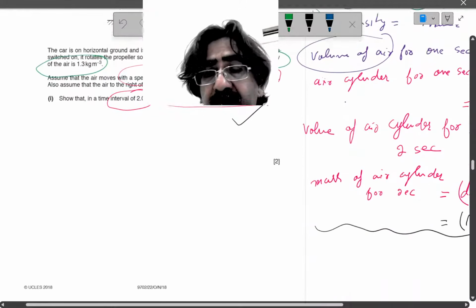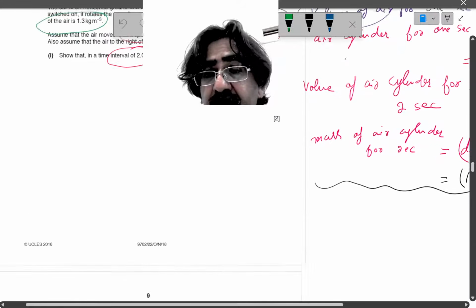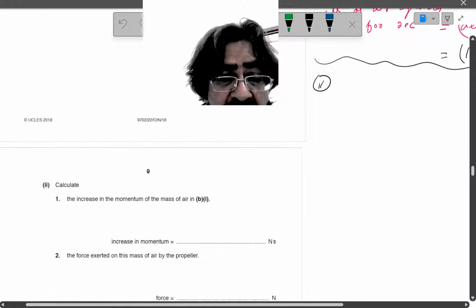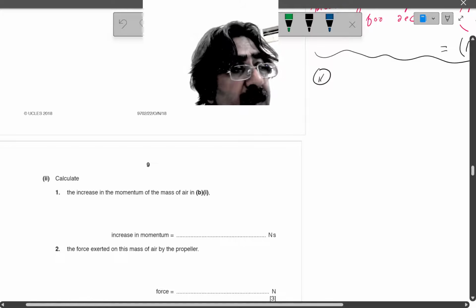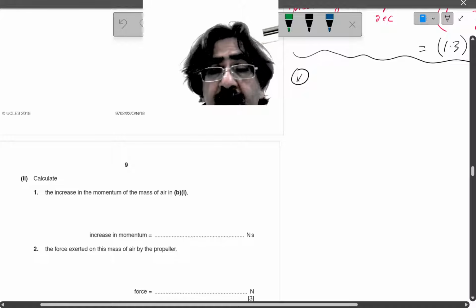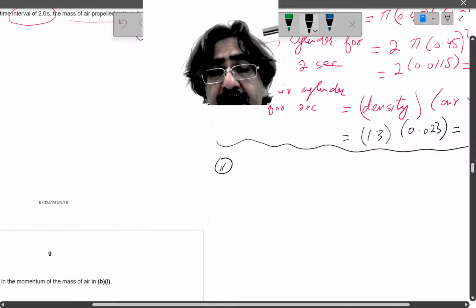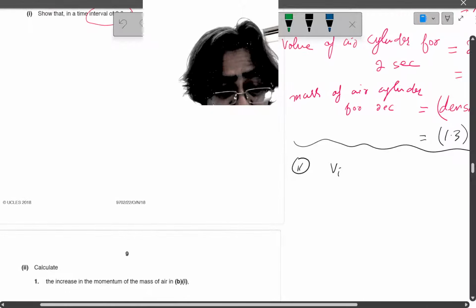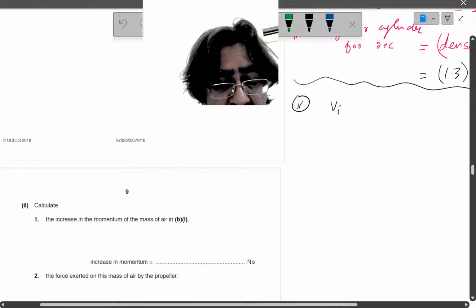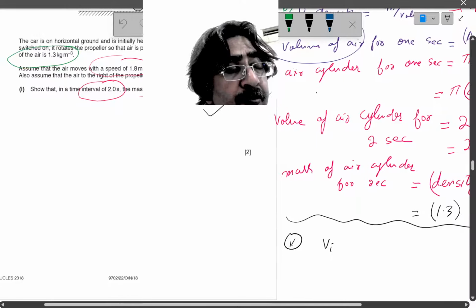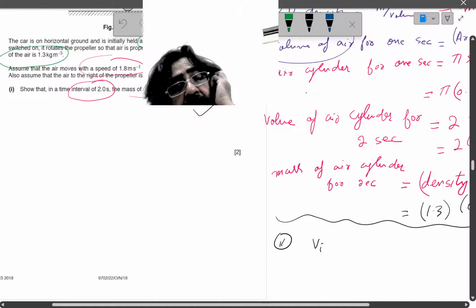Now the second part is the increase in momentum of air.